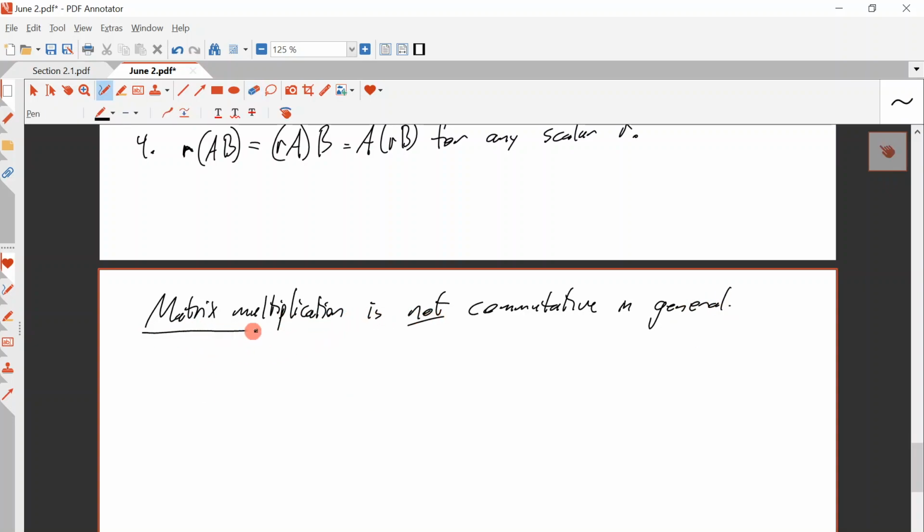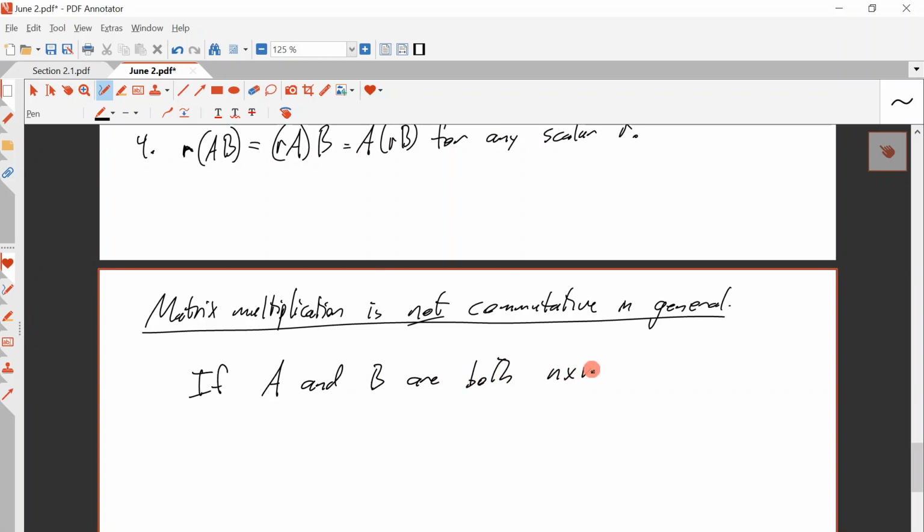Okay, so if A and B are both n by n matrices, right, they have to be square matrices. So these are called square matrices.